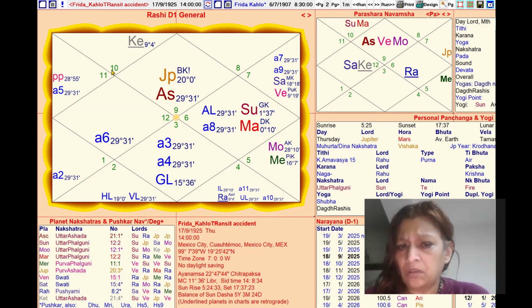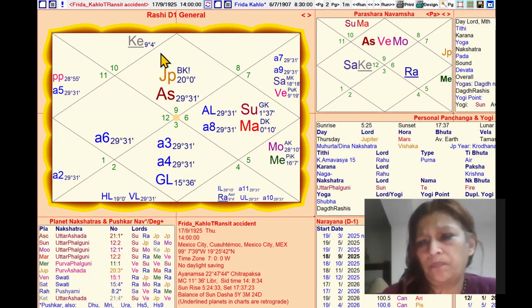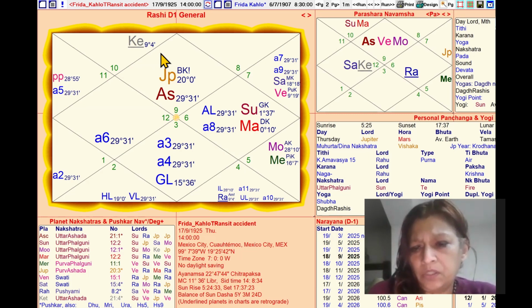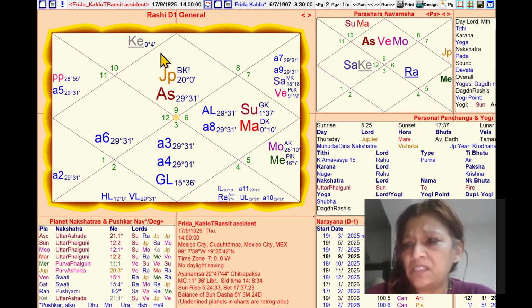Look, all on one side. There are no planets on this side, everything is from Rahu to Ketu, right? So very difficult situation. Do you get how you can get that flavor of the day, the losses and everything? She lost her health in one instant.